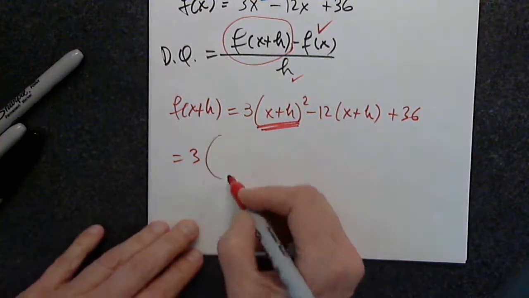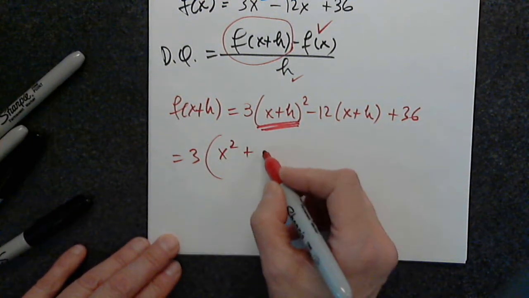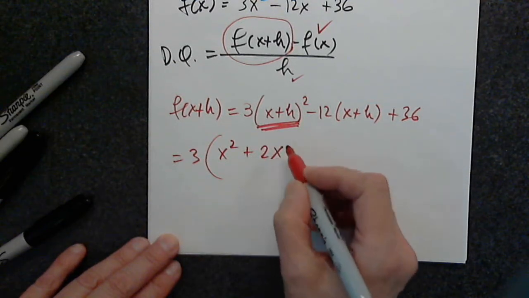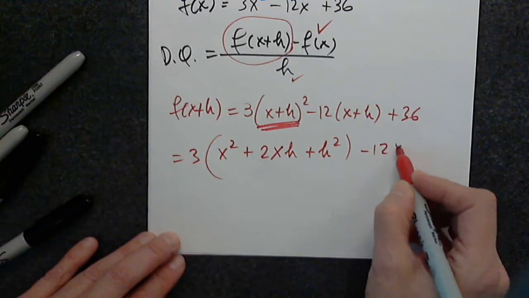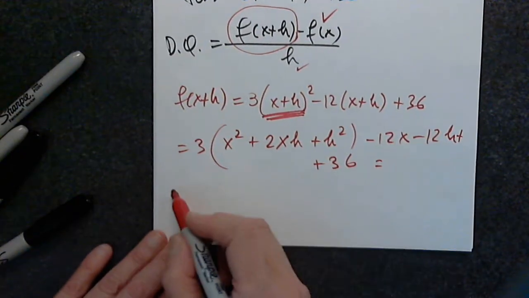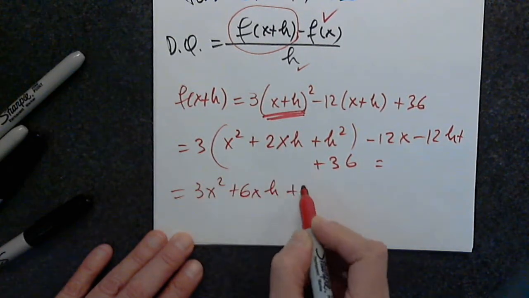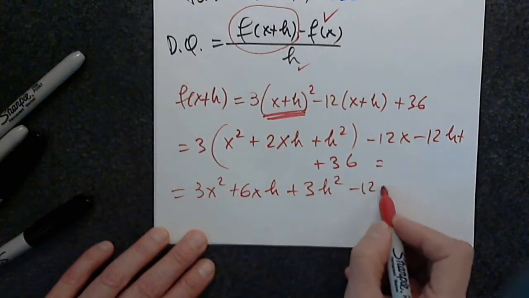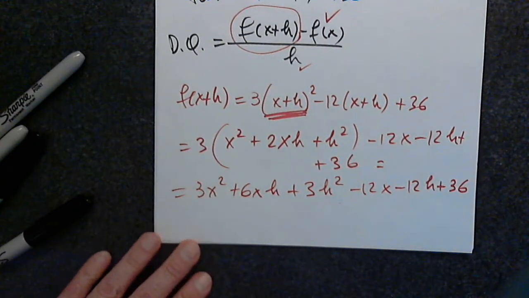So what does that equal to? x squared plus 2xh plus h squared, minus 12x minus 12h plus 36. And then now I distribute: 3x squared plus 6xh plus 3h squared minus 12x minus 12h and plus 36.